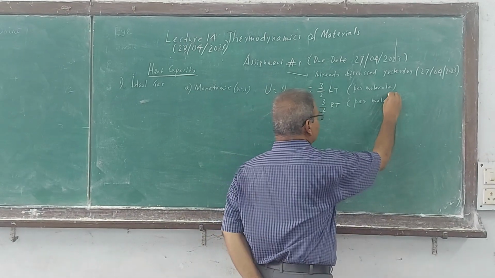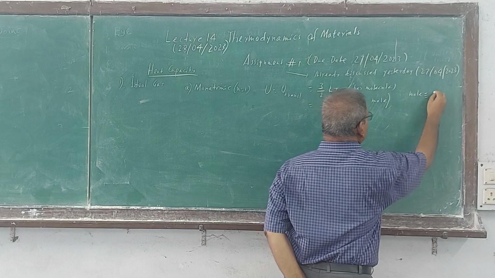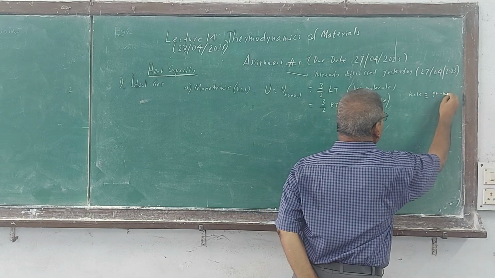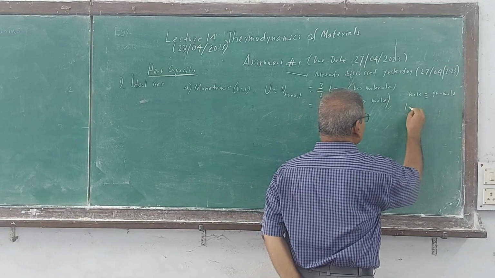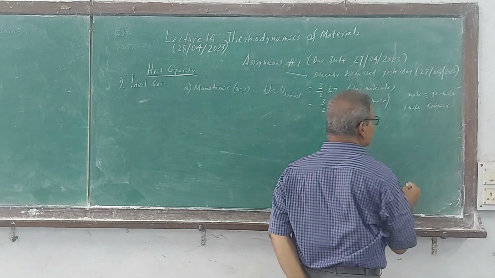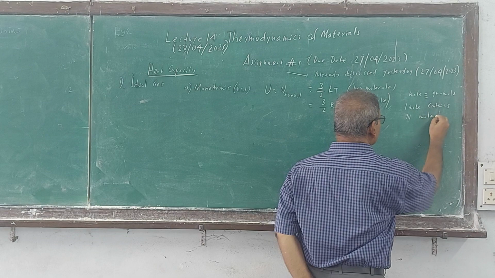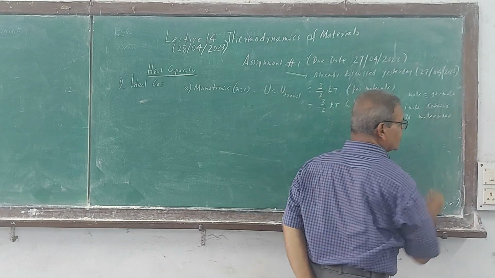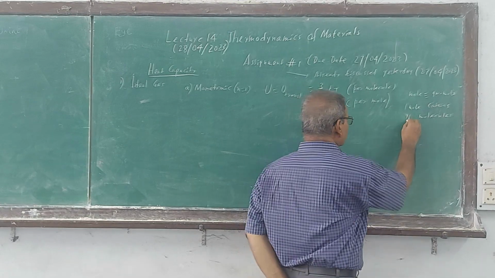So if you have doubt, mole is gram mole, and 1 gram mole contains Avogadro's number, N, of molecules, as you know.